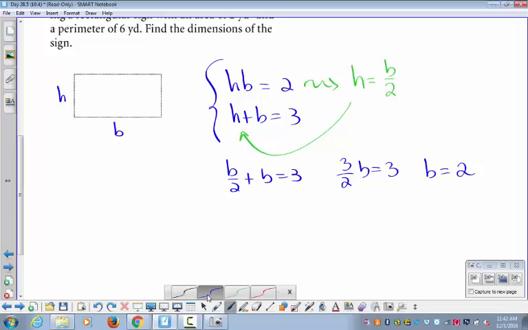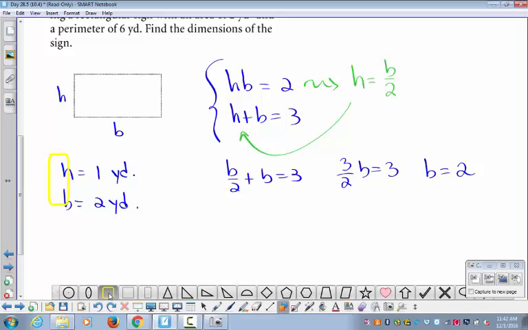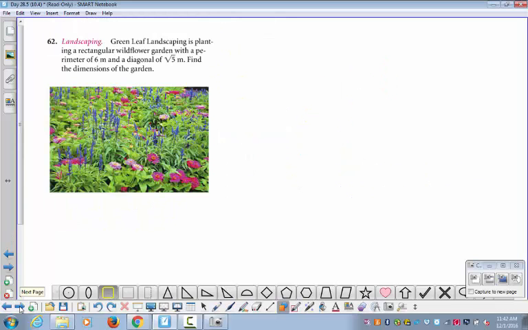And if b is 2, h is 1, so we get h equals 1 yard, and b is 2 yards. Not too bad. It feels a little too easy, though. Very straightforward nonlinear system.